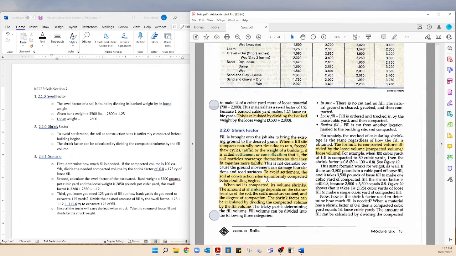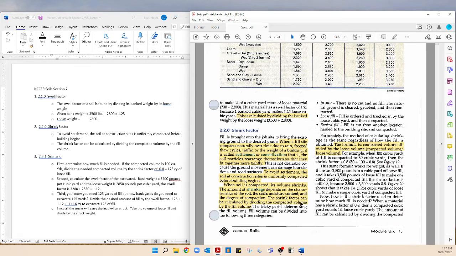Remember what it said early on in section one, that compaction is the intentional action to bring the soil particles closer together. So by doing that, when soil is compacted, its volume shrinks. The amount of shrinking depends on the characteristics of the soil's moisture content, the degree of compaction, and the effort put into the compaction.